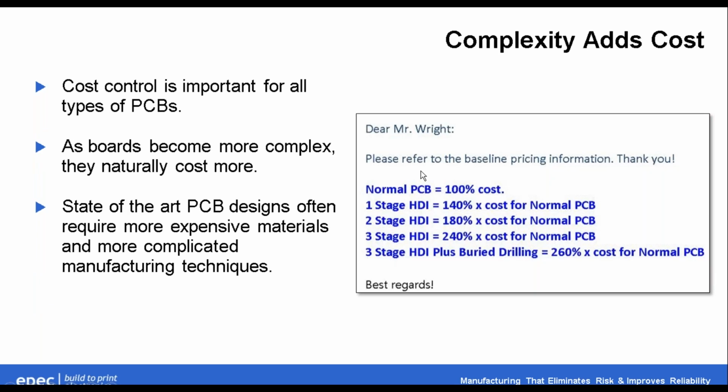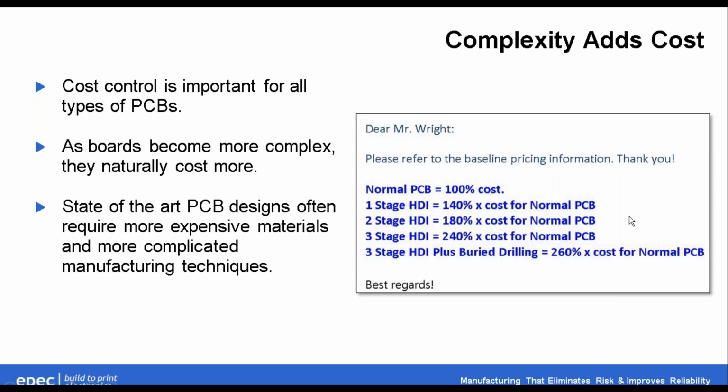So complexity adds cost. We all know that. Cost control is important for all types of PCBs, but as boards become more complex, they naturally cost more. It's the way of the world. State-of-the-art PCB designs often require more expensive materials and more complicated manufacturing techniques.